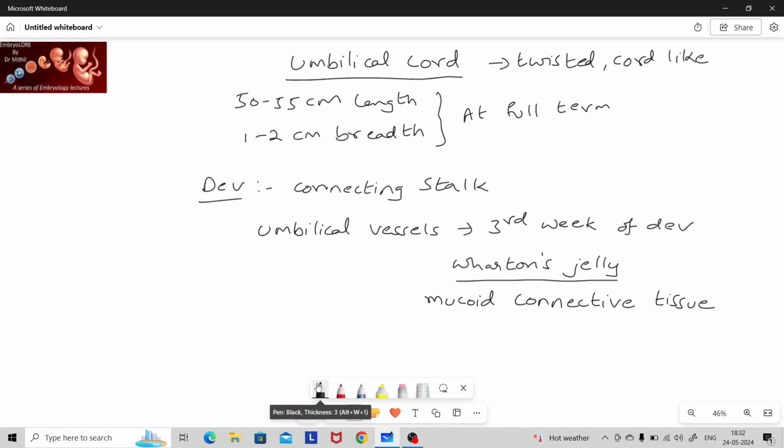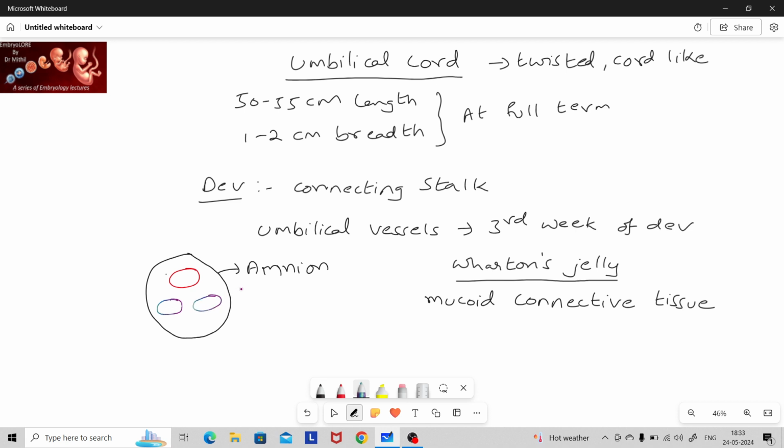Now coming to the contents, let us learn directly in the pictorial way. This is the cross section. The upper layer is from the amnion, in which we will first see the umbilical vein. Then here we will see the two umbilical arteries, with a different color.